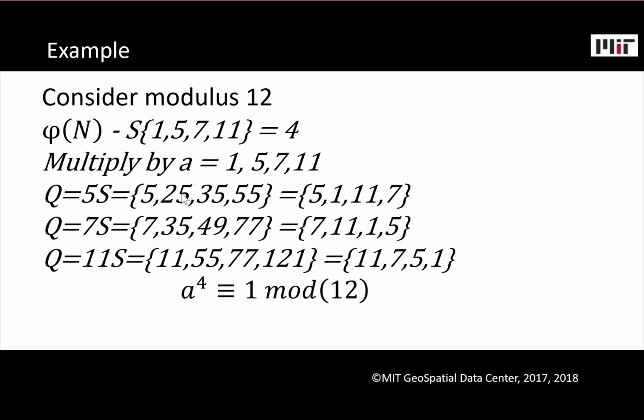Now 25, if we take the modulus 12, 2 12s are 24, it's 1. 35, 2 12s are 24, and 11 to get to 35, so that's 11. And then 55, we have 4 12s, 48, and that'd be 7. So this is just S, but in a different permutation. Now we've got 5, 1, 11, 7.